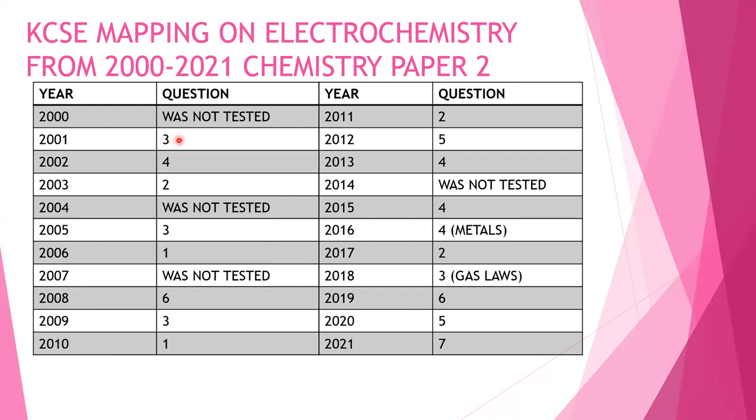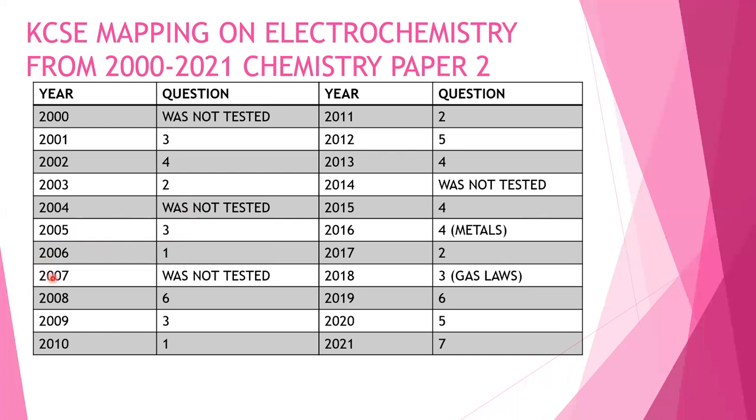Then if you come to 2002, it was also tested, question number 4. 2003, it was also tested in question 2. In the year 2004, it was not tested. In the year 2005, it was tested in question 3. In the year 2006, it was tested, question 1.